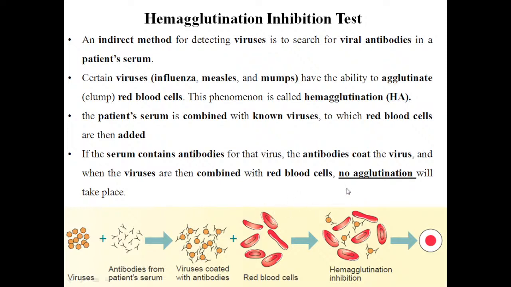And red blood cells are agglutinated. It means that antibodies and viruses are not bound with each other, and free viruses are bound to red blood cells. It means negative result, that these antibodies are not against influenza virus.